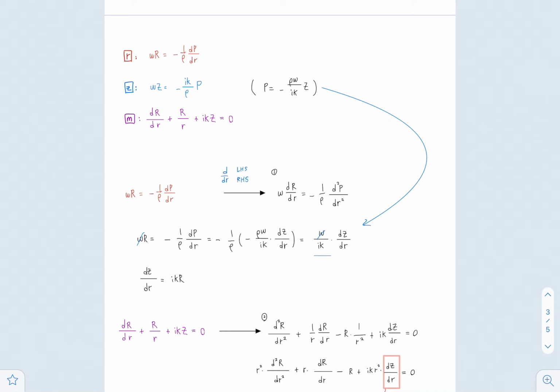So we have this purple equation here, and we will do the same process. We will take the dr to the left-hand side and the right-hand side, and we will arrive at this complicated looking equation, the second derivative of r with respect to r plus 1 over r, and all these tiny little terms that accompany this.